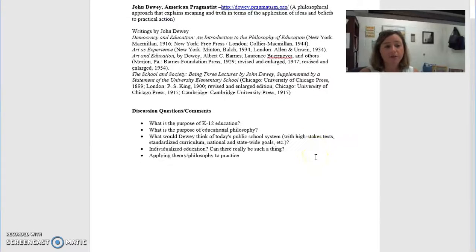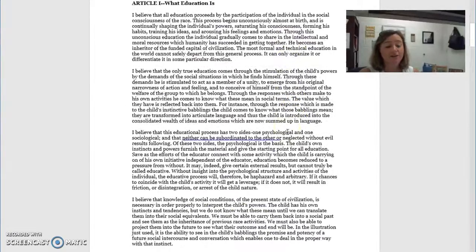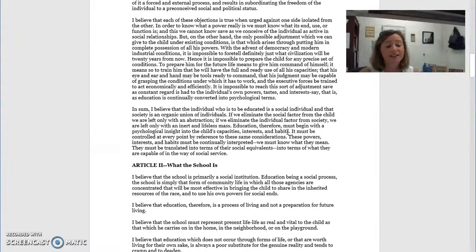This particular resource has John Dewey's creed in it, what education is. It's a really fantastic document that I would recommend you save, because as the book mentions, Dewey was ahead of his time, and he went against the culture of students being passive learners, with teachers doing all of the teaching and the children just sitting there absorbing knowledge.